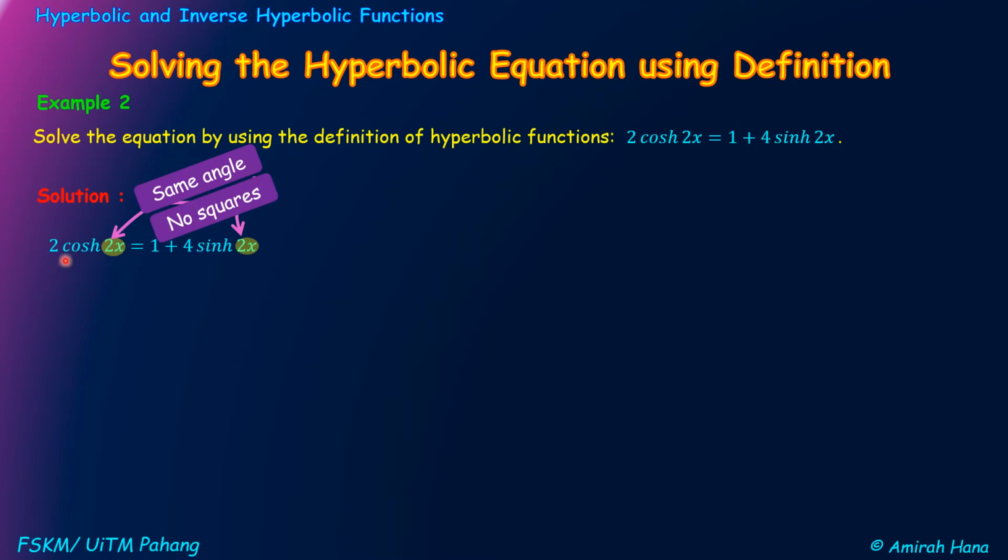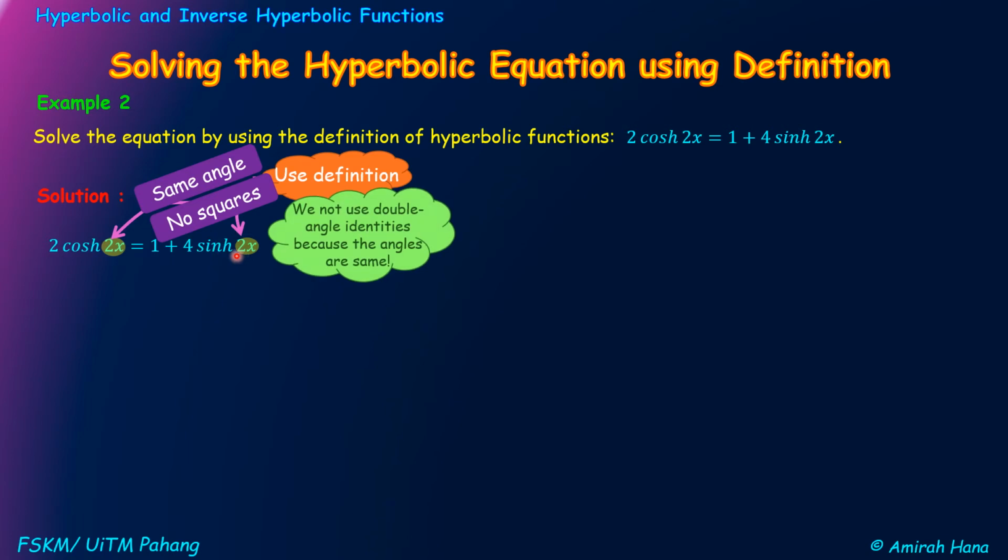At the same time, there are no squares. So in this case, we use definition. For this question, we do not use double angle identities because the angles are the same. We only use double angle identity if one of them is double and one of them is single.